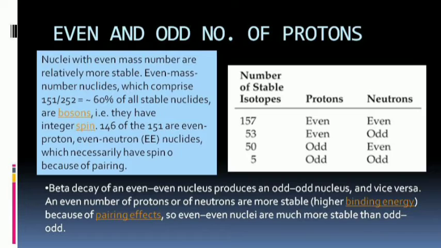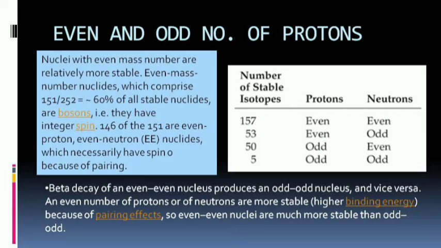146 of 151 are even proton and even neutron nuclides, which necessarily have spin 0 because of pairing. Now come to the image, where we are showing a simple phenomenon of even and odd numbers of protons and neutrons. As you can see in the first condition, if protons are even in number, the maximum number of stable isotopes is found, around 157 isotopes having an even number of protons and an even number of neutrons.